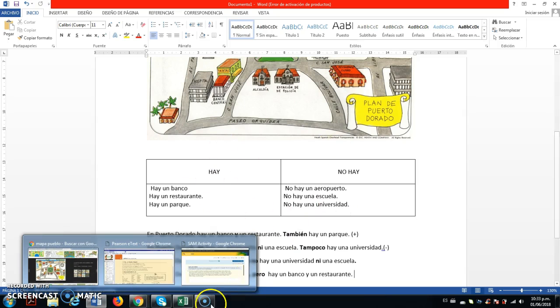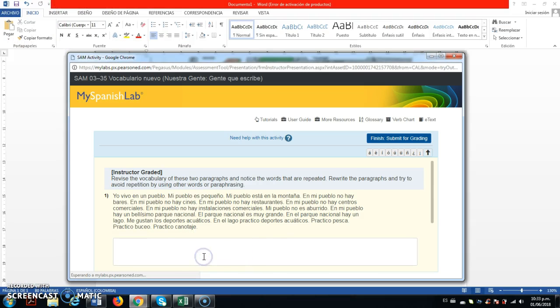Then, you will have an extra activity here. It will be gente que escribe, exercise 335, and you will have these sentences, and you want to avoid repetition, so you will try to use the expressions y, también, tampoco, pero.